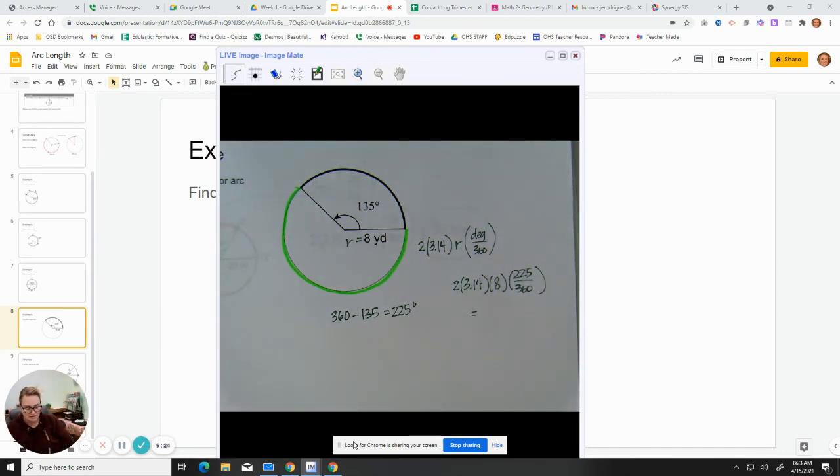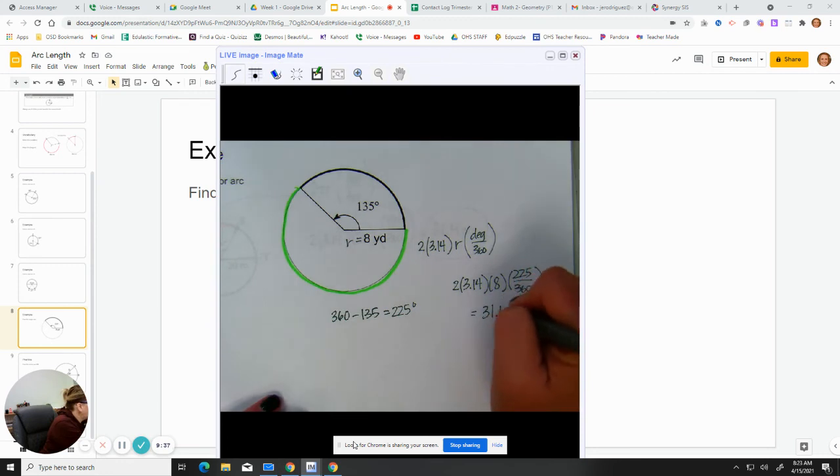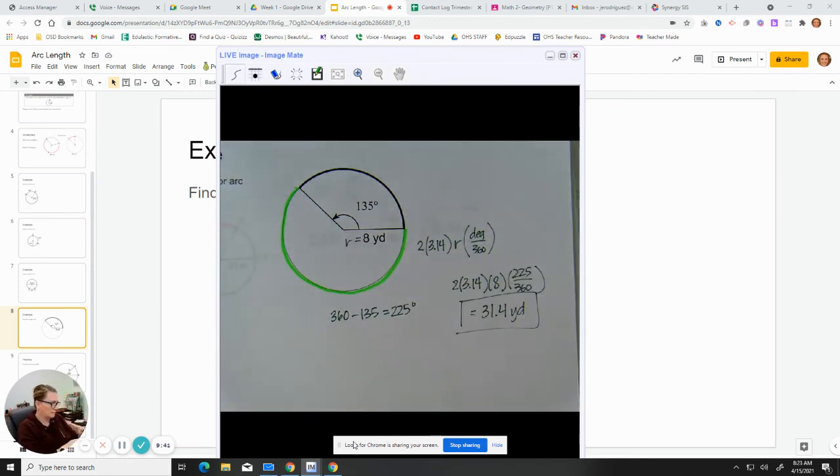Again, it's just a calculator problem. We're going to multiply it straight across. And you should get 31.4 yards.